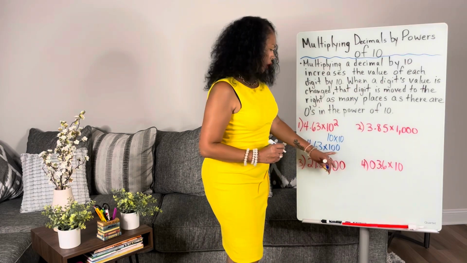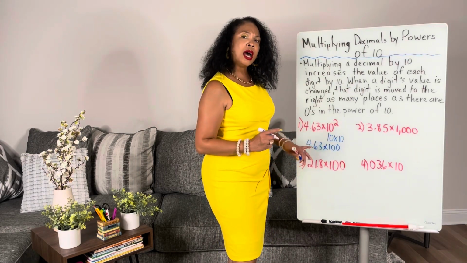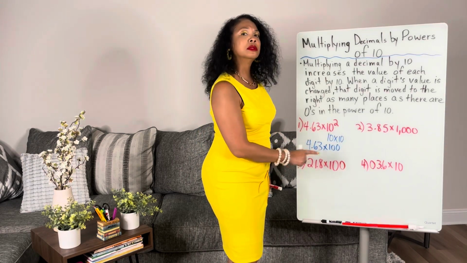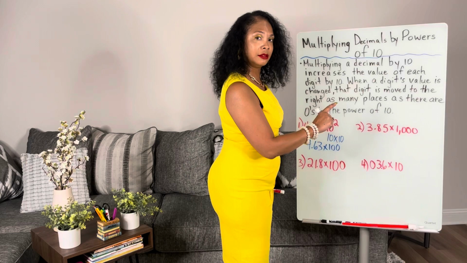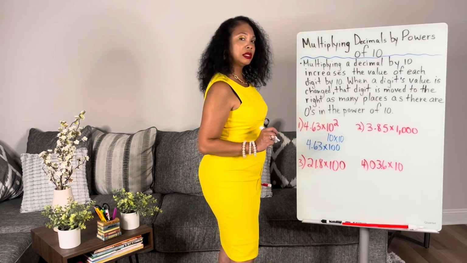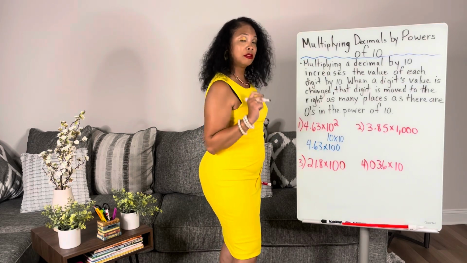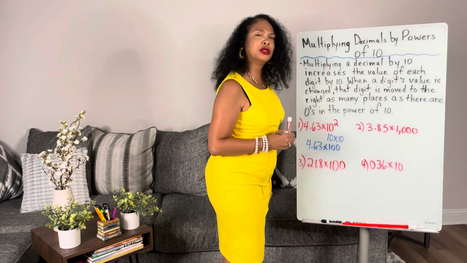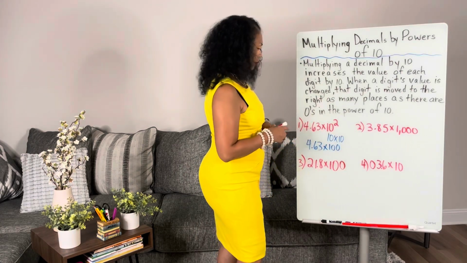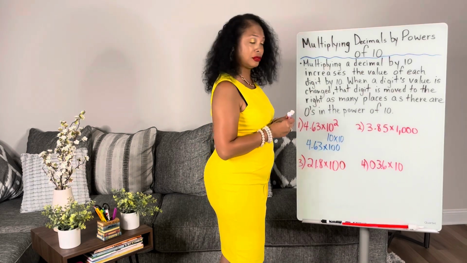So the 100 is going to tell you how many times we are going to move this decimal to the right. Okay? So how many zeros is in that number? That's right, 2 zeros. So how many times are we going to move that decimal point? Yes, we're going to move it 2 times, and the value is going to change, right?